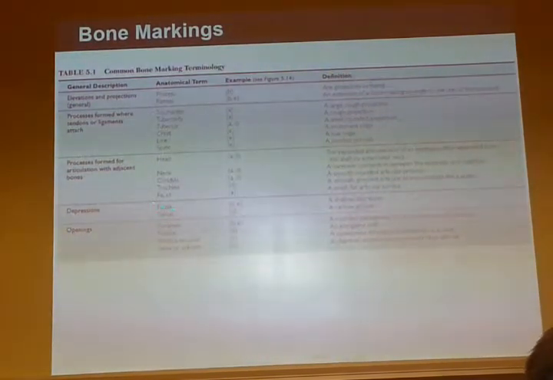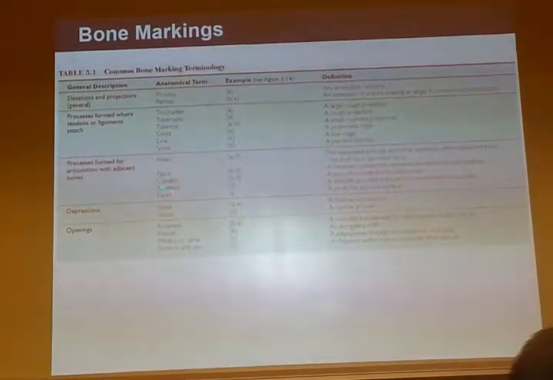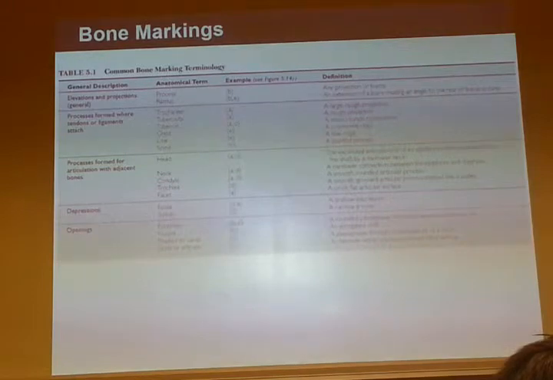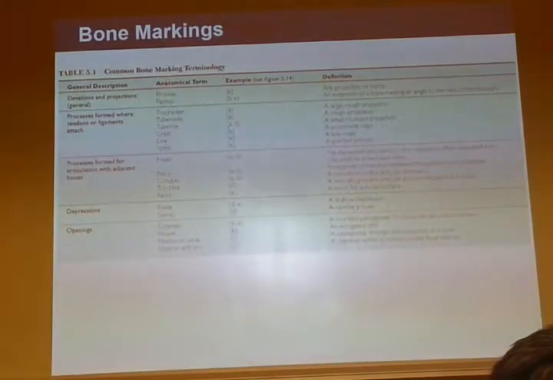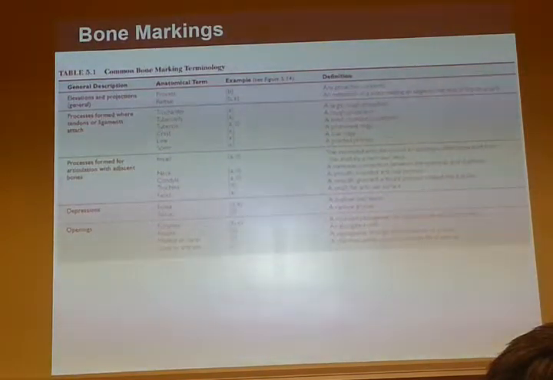Depressions can be scooped out, so shallow depressions, relatively shallow in appearance. The fossa is a little bit deeper and narrower, and can be a sulcus. Sulcuses tend to be where blood vessels or nerves were there first, and then the bone formed around them, so you get an elongated groove.